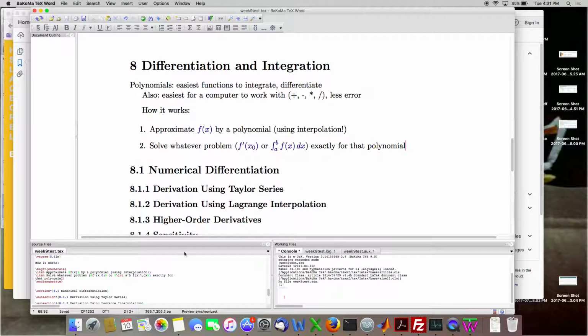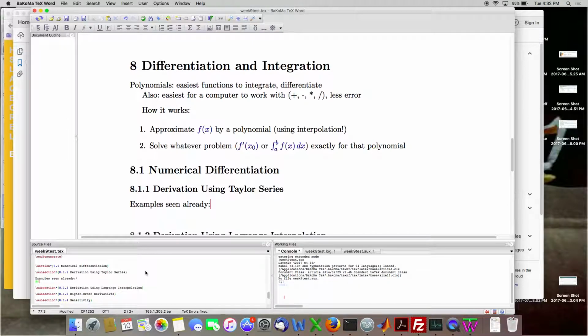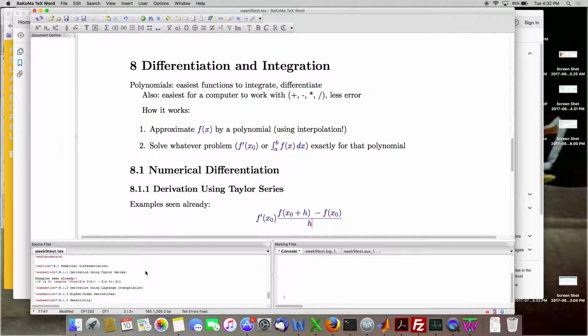Okay. So now we've seen some examples on how to approximate derivatives. This came up in homework 2. For approximating derivative, okay. Just a little typo here. Okay.